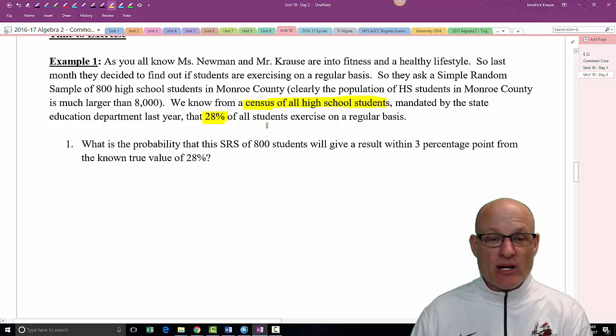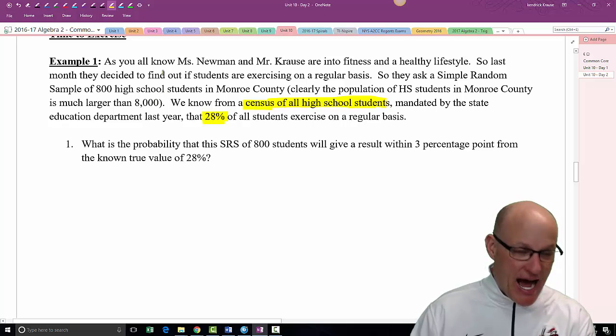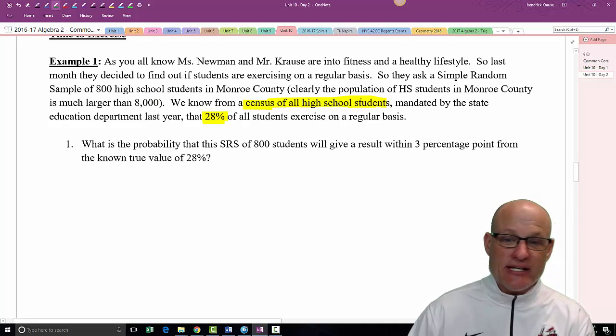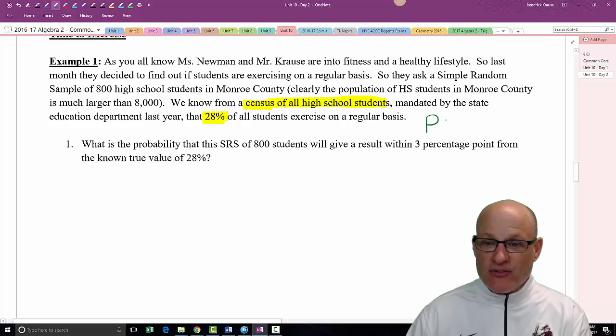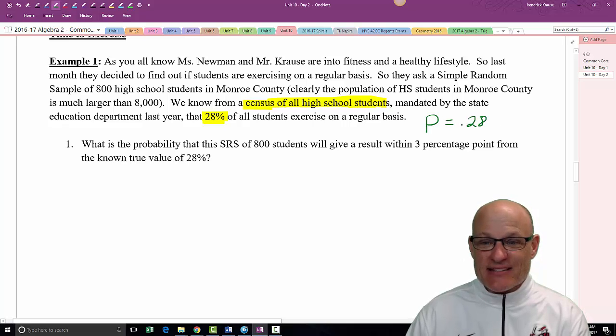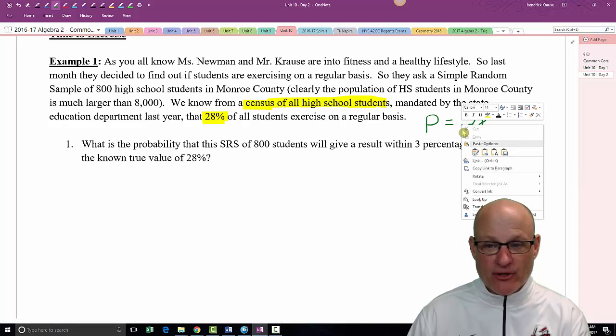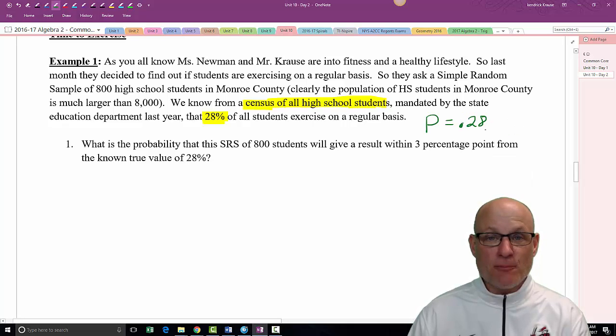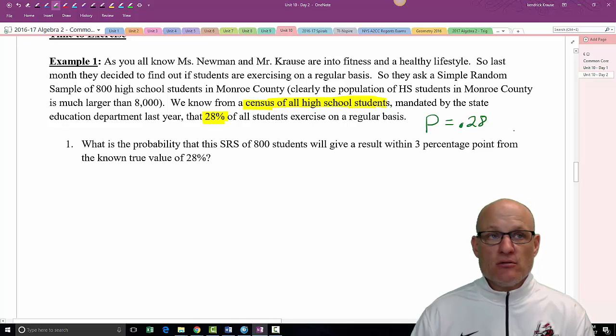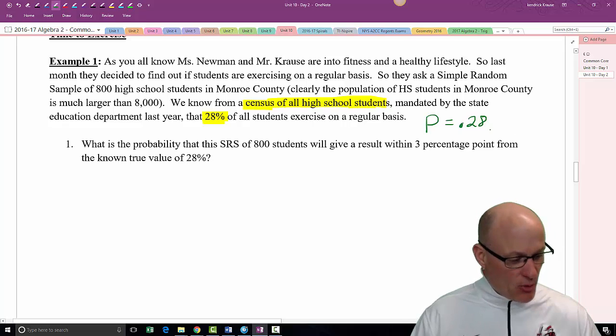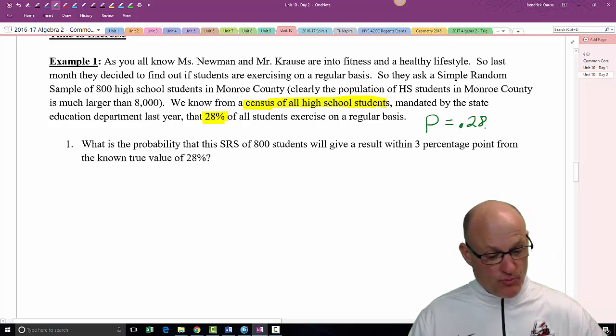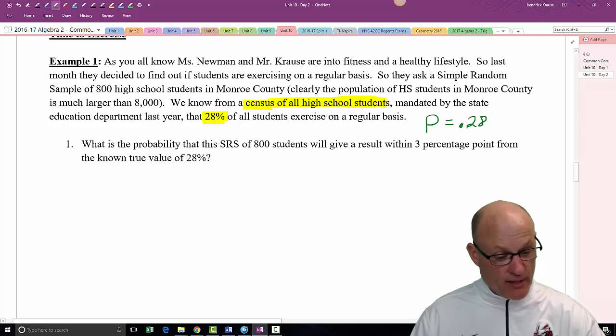So what am I telling you? I am giving you P. I'm giving you a P-value of 0.28. That's the population parameter, or population proportion in this case, the parameter proportion if you want.